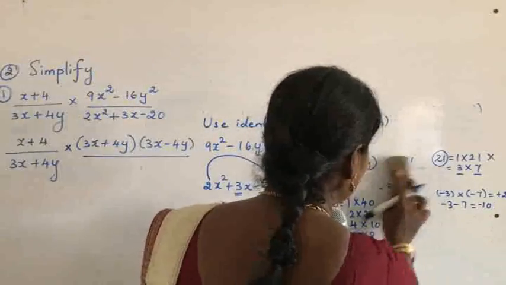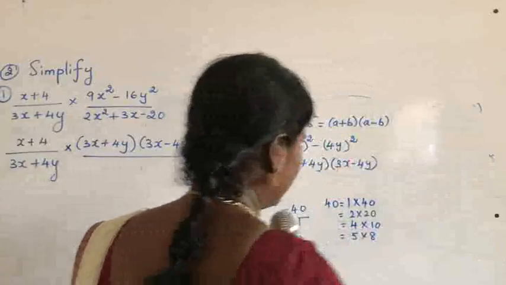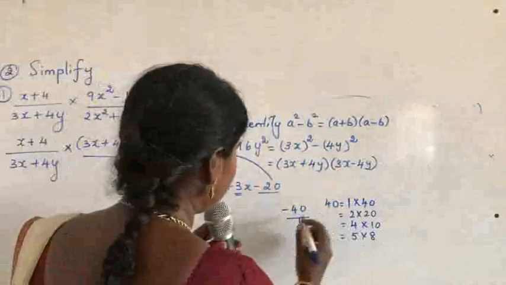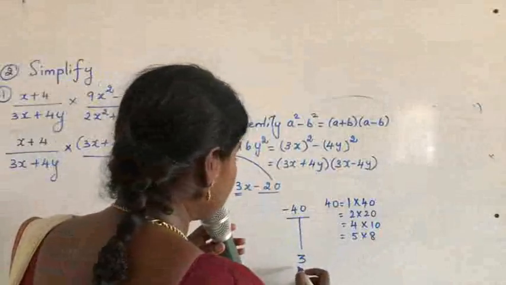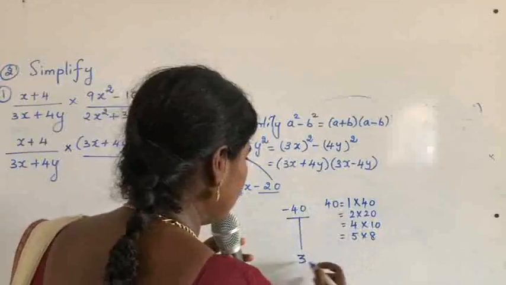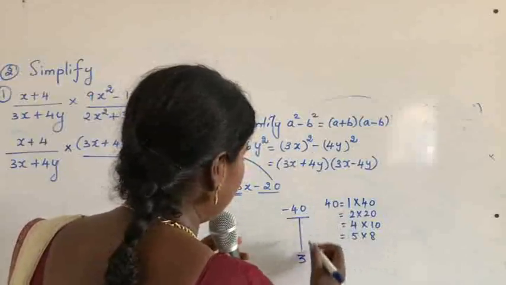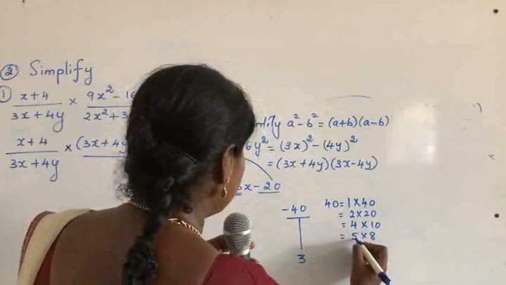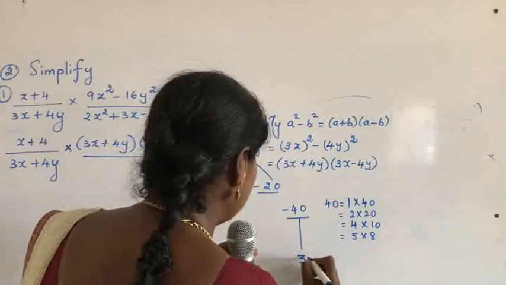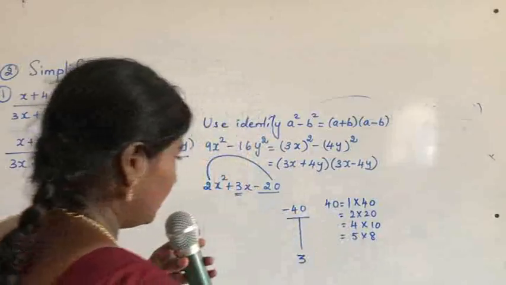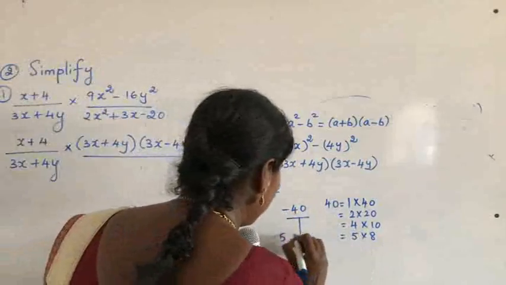So now let's see how to fill the remaining part of the T. So 1 and 40 gives you 40, but you don't get the sum as 3. 2 and 20 gives you 40, but the sum doesn't become 3. 4 and 10 gives you 40, but the sum doesn't become 3. Now if we do some changes in the sign, we can get the answer as 3. That is, the sum can become 3 and the product is 40. Now let's write this number 5 and 8.